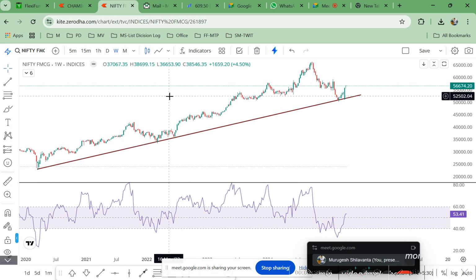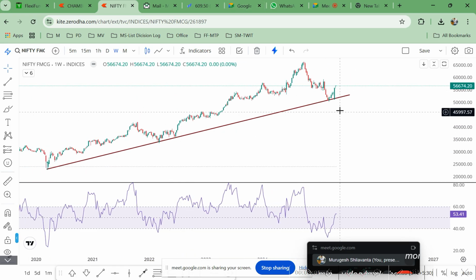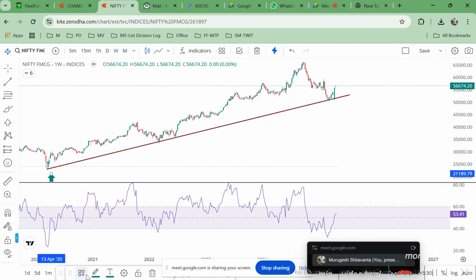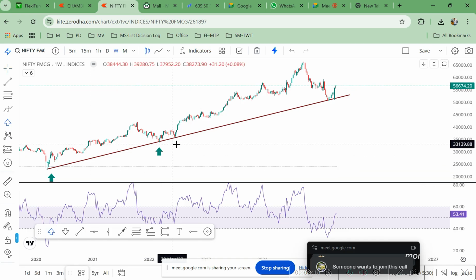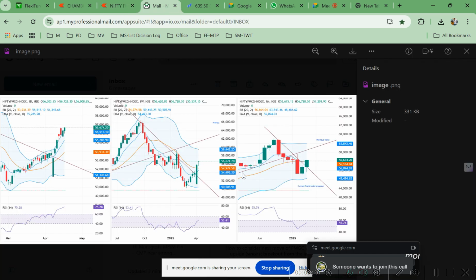This is a weekly time frame. It's a clear support from the third point, right? If you go back and watch that trend line video, how many points are connected here? That makes sense, but you drew something different here.